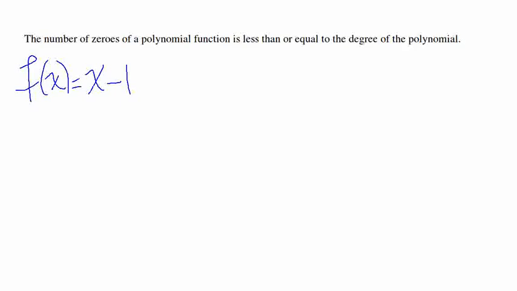Here we have a polynomial function with a polynomial of degree 1, so we would expect it to have either no zeros or 1 zero, and it does have 1 zero because f of 1 is equal to 0. Here's another example.